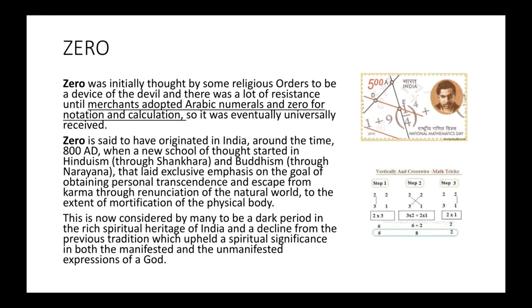It's thought to have originated in India around 1800 AD, and it was a kind of school of thought that laid emphasis on the goal of personal transcendence, and escape from karma through renunciation of the natural world, going to the full extent of mortification of the physical body. That's now considered to be a kind of dark period of India.